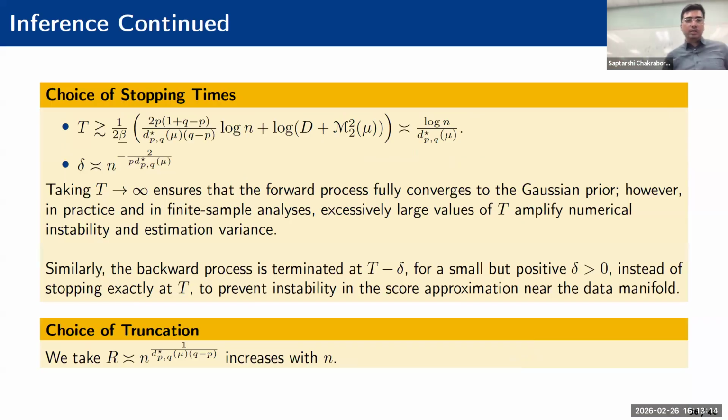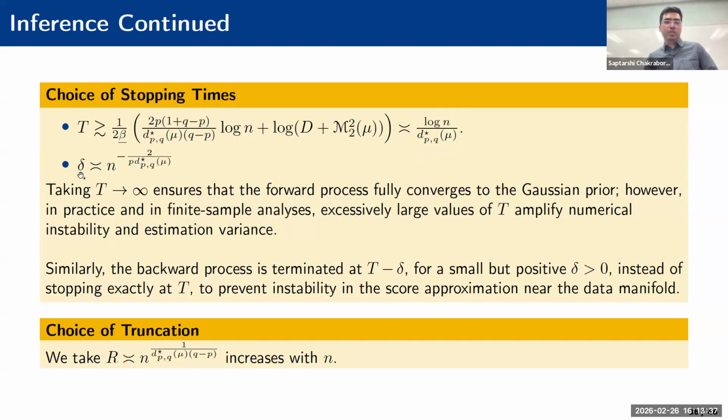Now, for the choice of the stopping times, for the forward process, t needs to be larger than this. If we ignore all these terms in p and q, it scales with log n over the dimension. If you also disregard the dimension, it's sufficient to choose t to be scaling with log n.